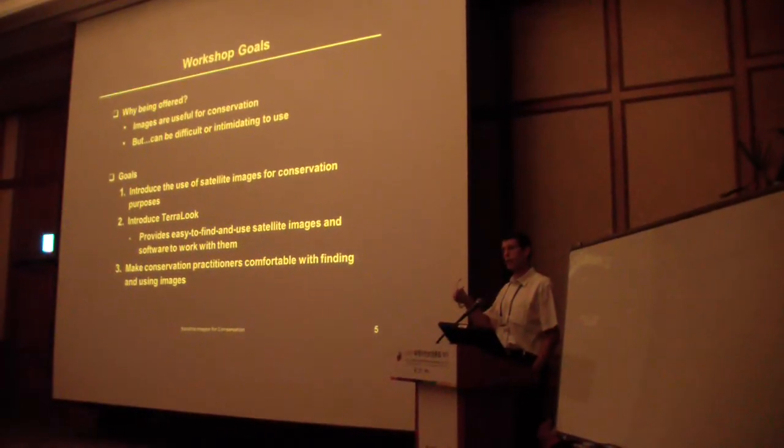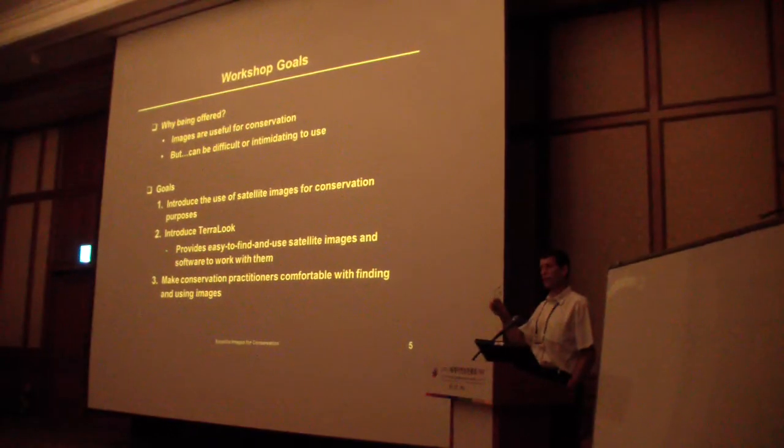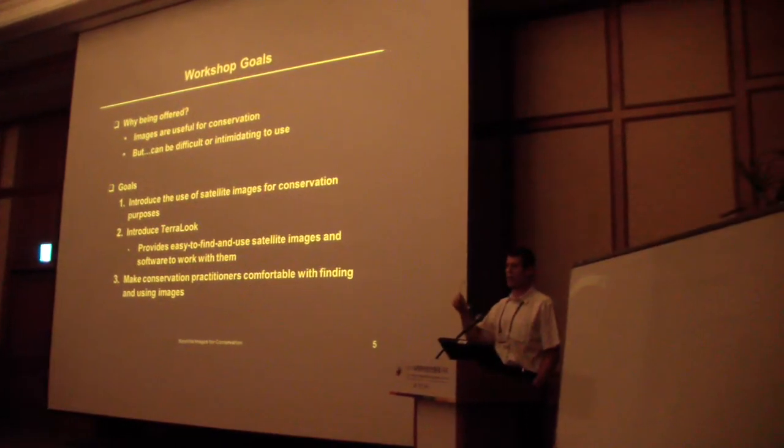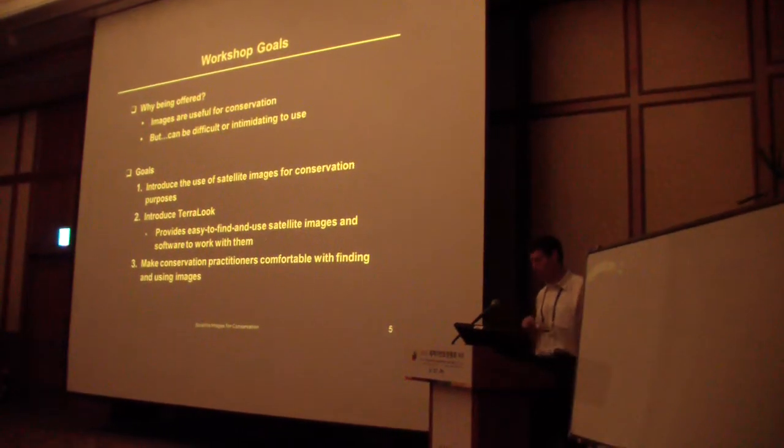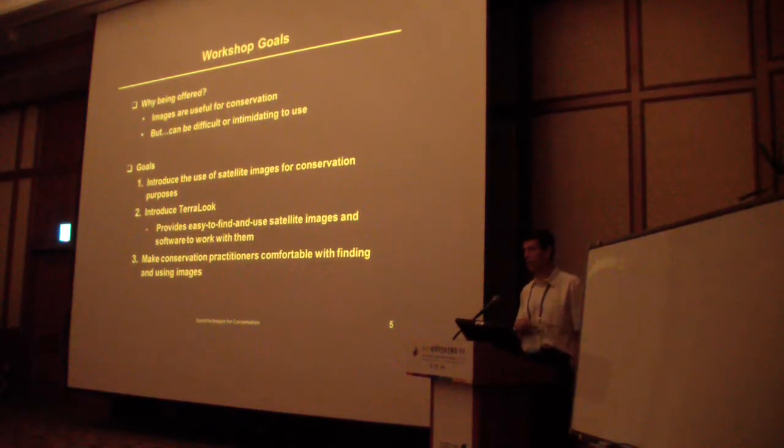So we're hoping in this workshop to introduce you to some of the methods that are available to obtain data and then to do some conservation-relevant activities with it. We'll start by showing some examples of how satellite images have been used for conservation, some very simple stuff. Then we'll introduce TerraLook, which is this software and images that I talked about.